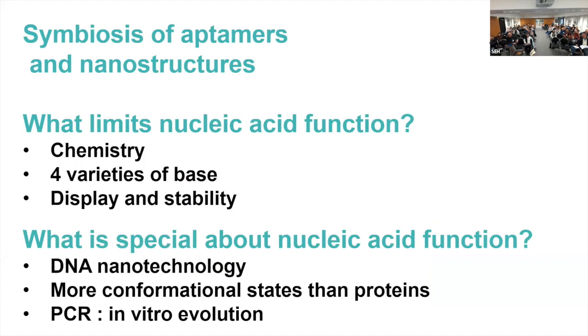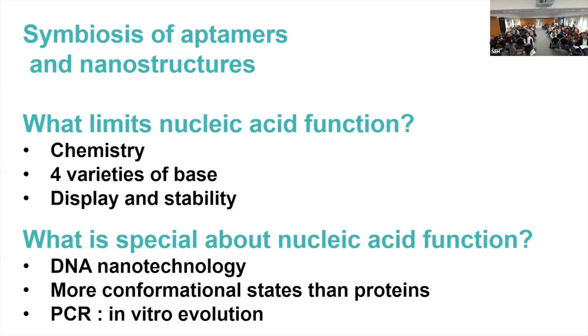And in particular, thinking about aptamers and nanostructures and how they can help each other. And actually, when I was preparing these slides, I was looking back at some slides from when I last presented here 4 or 5 years ago. And I had these 2 questions: what limits nucleic acid function, and what's special about nucleic acids.